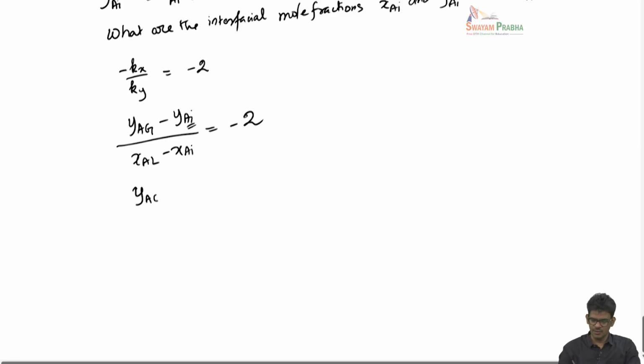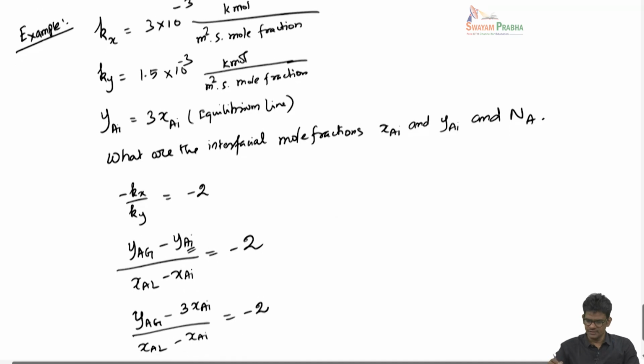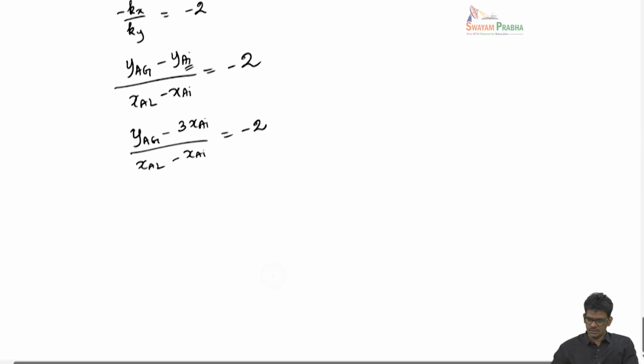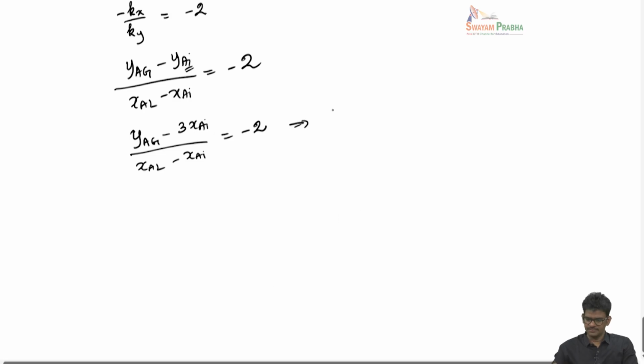So I'll get (YAG minus 3 times XAI) over (XAL minus XAI) equal to minus 2. What I forgot to mention is that you also know the measurable YAG and XAL. These are also known. YAG is 0.8, XAL is 0.05. So you can rearrange this.